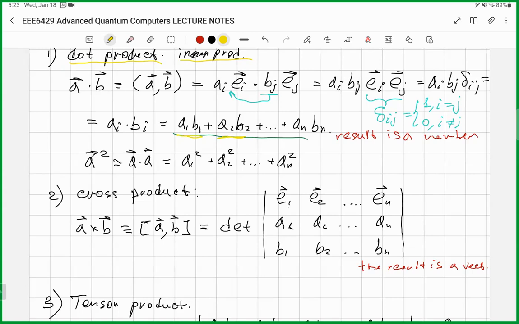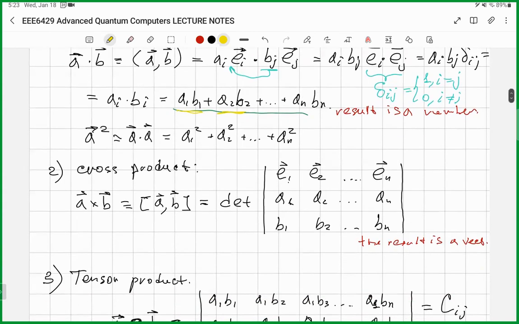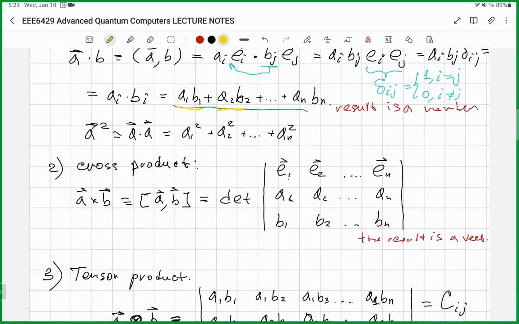For two vectors a and b, with components a1, a2, etc., b1, b2, etc., the dot product is a1 b1 plus a2 b2 plus etc., up to an bn. And again, this n can potentially be infinity.